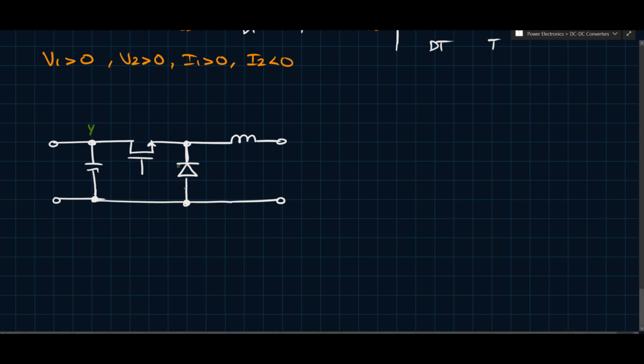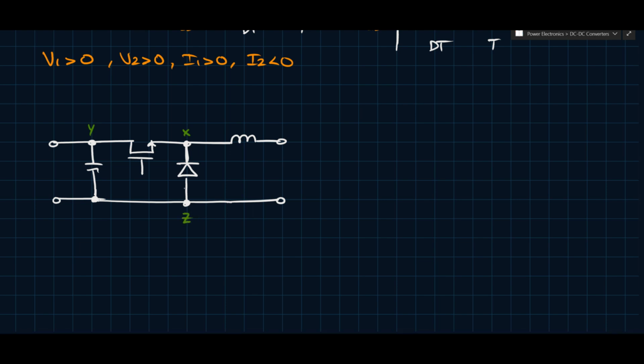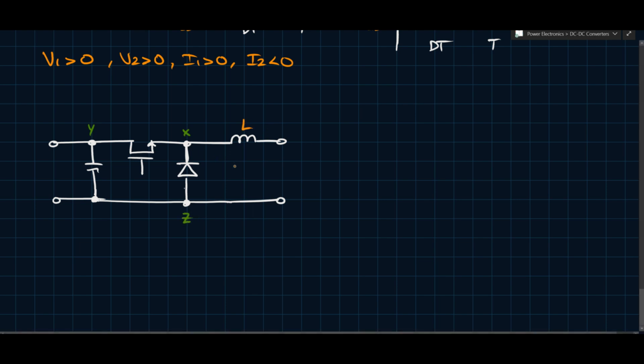So we're going to say this is Y, this is X, and this is Z, right? I'm going to call this L, and we can call this C, and obviously this is V1, and this is V2. And again, I'm going to label this as I2, and I'm going to label this as I1.